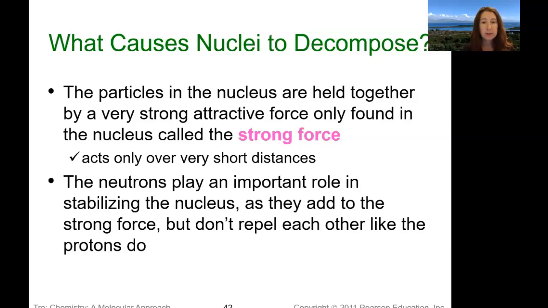Now, the repulsive forces are way beyond what we're going to talk about, but if the repulsive forces in that nucleus are greater than the attractive forces, then the nucleus will be unstable, and it will begin to degrade.